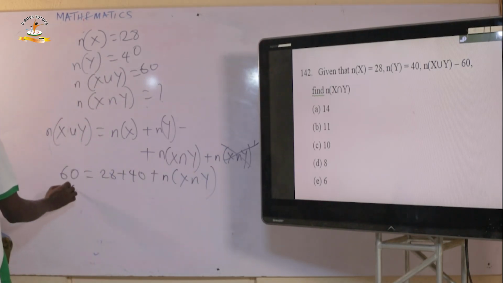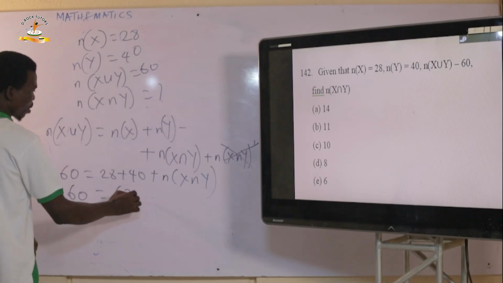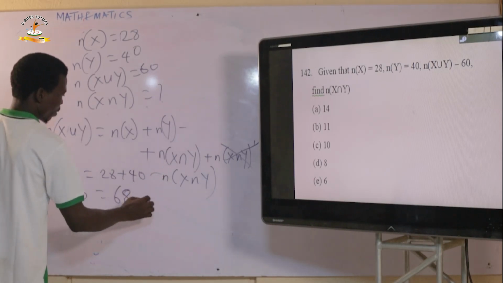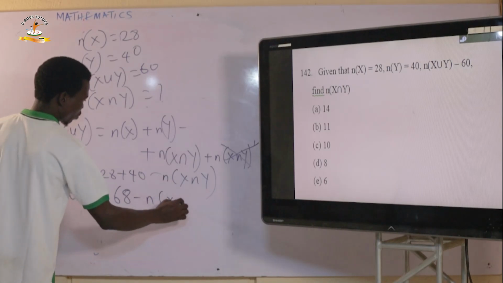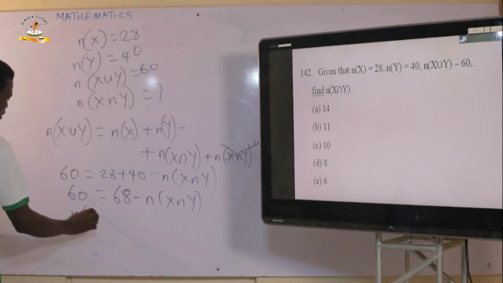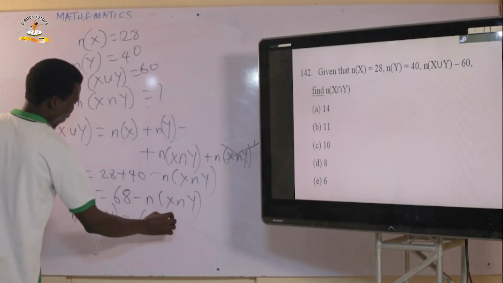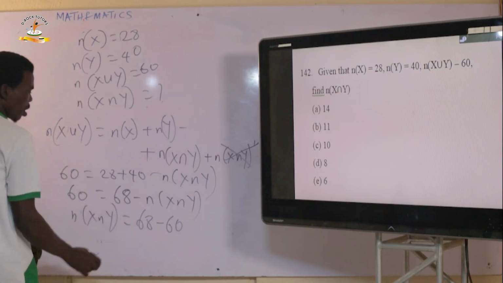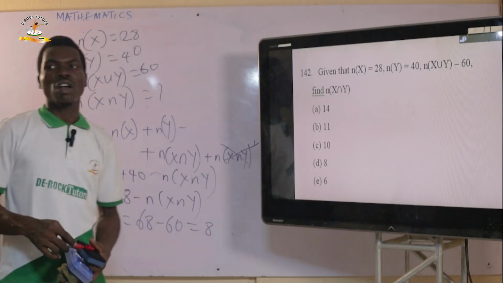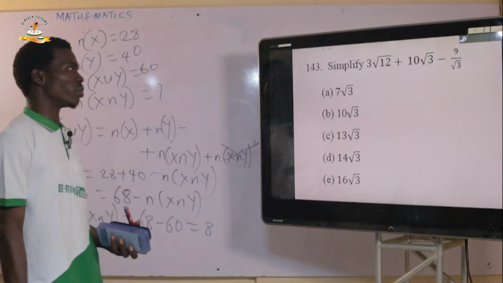And this is what? 60 equals 68 minus n of x intersection y. So n of x intersection y is equal to 68 minus 60. And this is simply what? 8. So our answer there is what? Option D, which is 8. Next question.